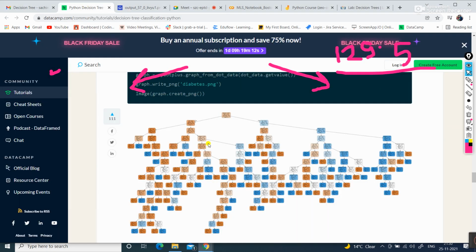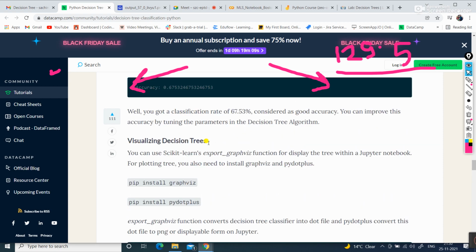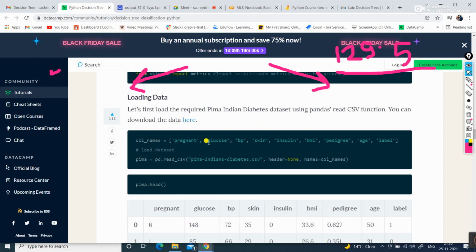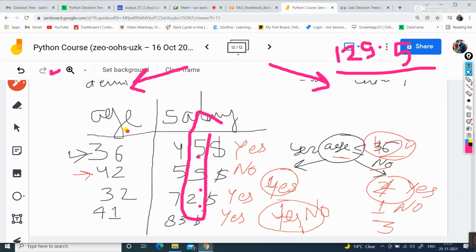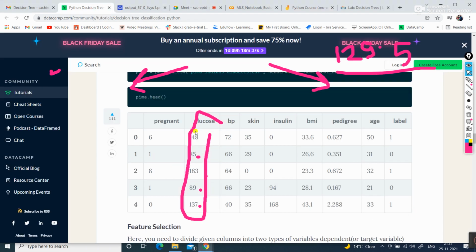It's your data, right? The system picks the split that has the lowest entropy. Can you see this glucose data? It's 148, 85, 83, 89, 137. It does the same process as before, recursively.